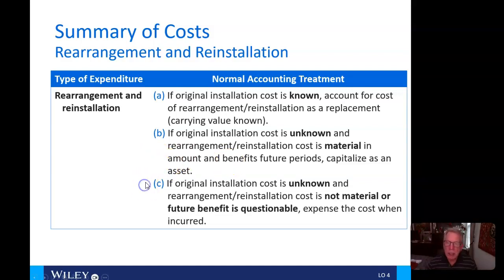Under Charlie, if the original installation cost is unknown and the rearrangement/reinstallation cost is not material or the future benefit is questionable, we'll expense the cost when incurred. Pretty straightforward there, I think.